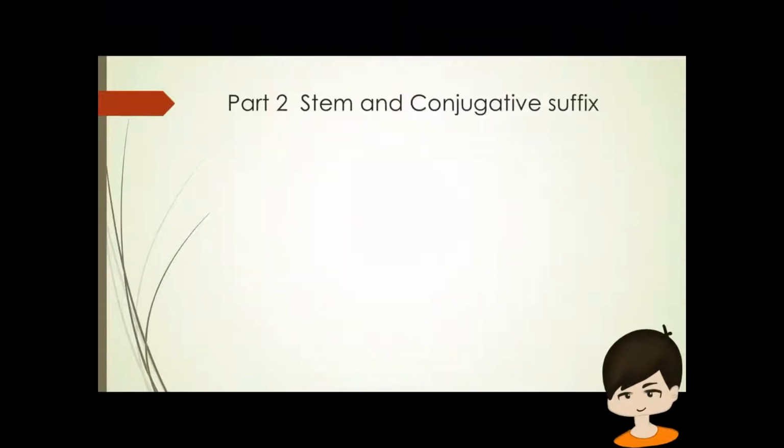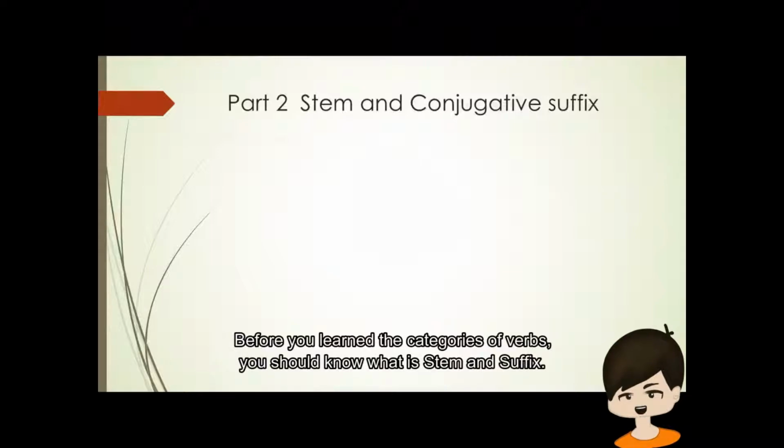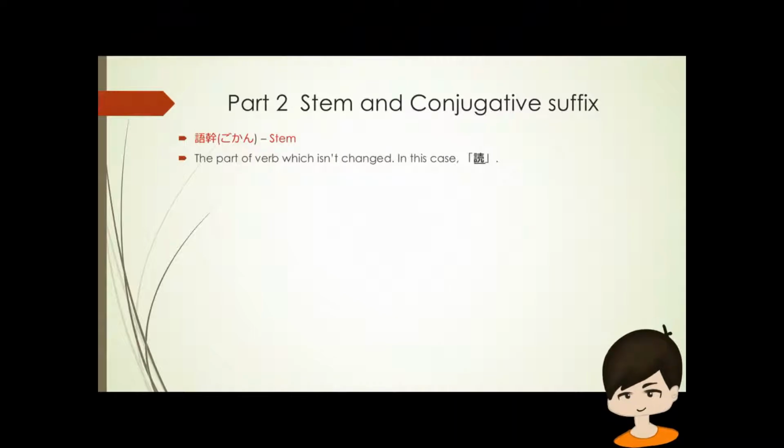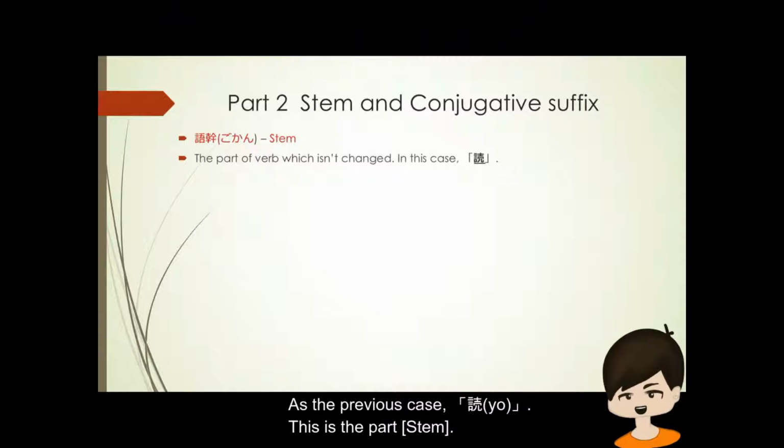Part 2, stem and conjugative suffix. Before you learn the categories of verbs, you should know what is stem and suffix. Stem in Japanese is gokan. The part of a verb which isn't changed is called stem. As in the previous case, yo is that part.